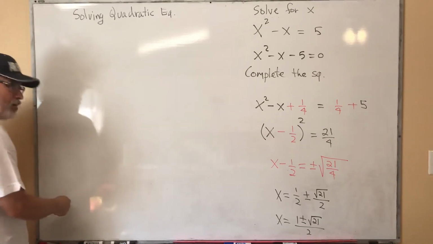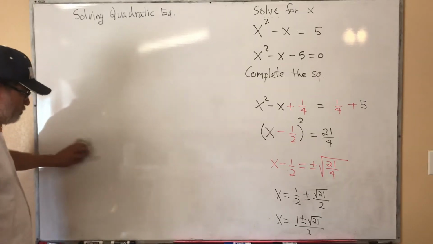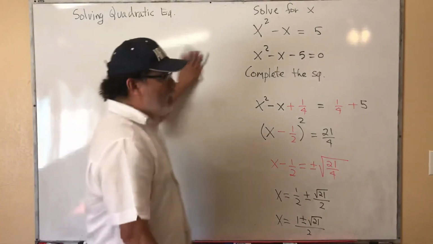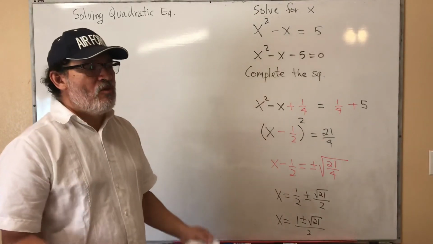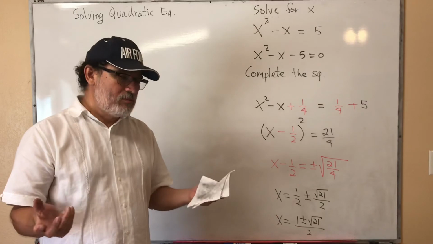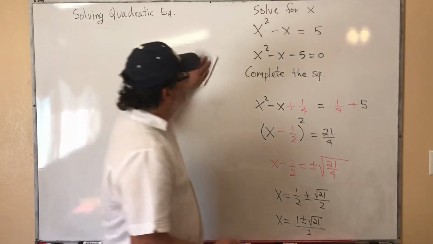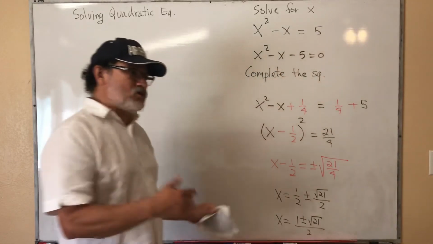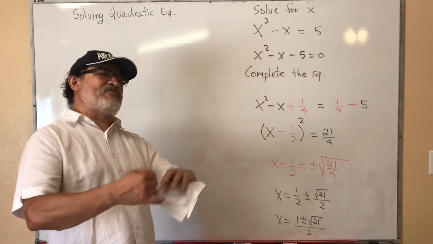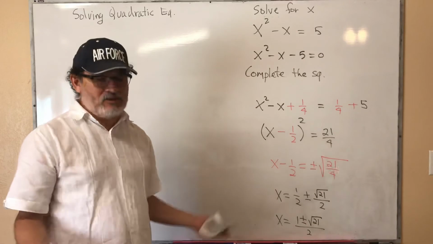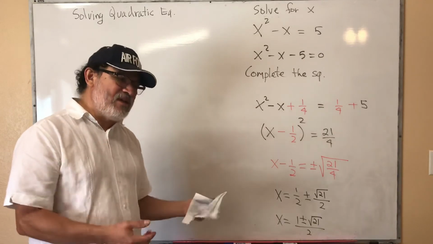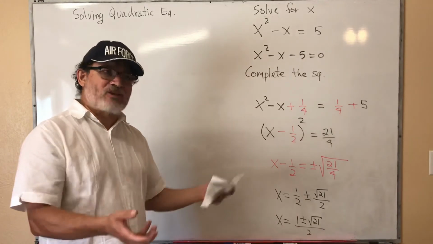Don't forget the square root property, okay? It's right there. When do we use the square root property? When it is not factorable. If it's factorable, great. Actually, the square root property can be used even if it's factorable. It can always be used. But it's convenient to try to factor.